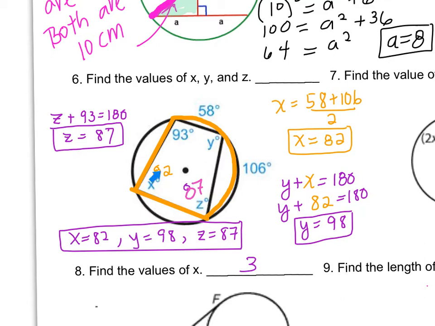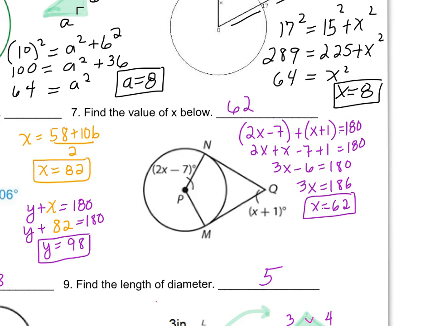So now I know x. That's going to make finding y easy because now y plus 82 should equal 180 right here. And if I subtract, that means y is 92. So I found x, y, and z.